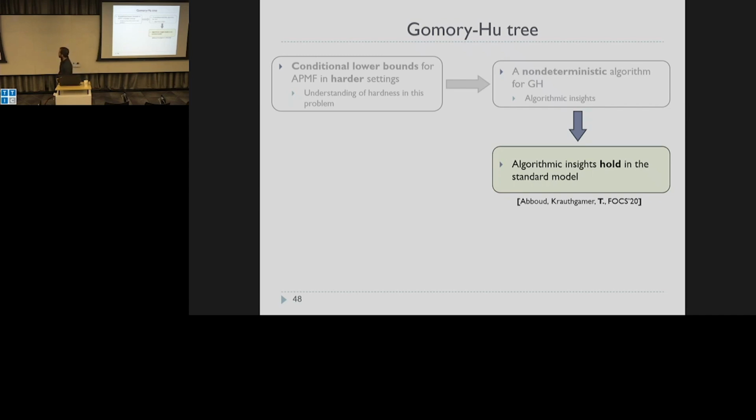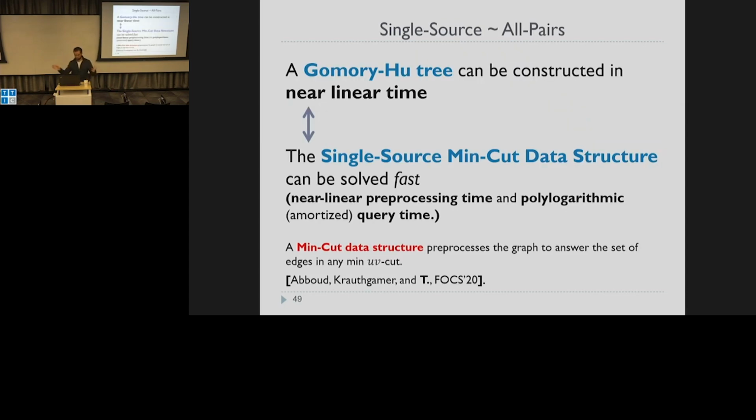Third, we showed that these algorithmic insights hold in the standard model as well. So not just non-deterministic algorithms, we showed proof that the Gomory-Hu tree can be constructed fast if and only if single source max flow can be computed fast.